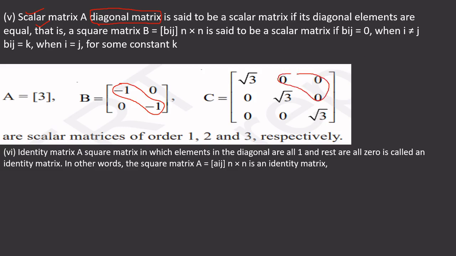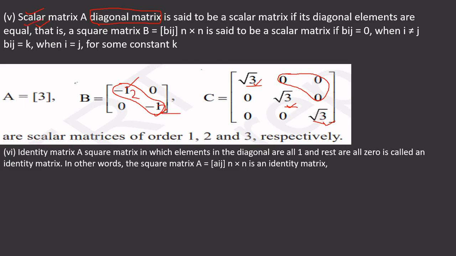But the difference is that in a diagonal matrix there can be anything on the diagonal, whereas in a scalar matrix the same element is present throughout. Like if one element is root 3, the other two must be root 3. Then we can call the diagonal matrix a scalar matrix. Like minus 1 and minus 1; if there is a 2, then the second number must be 2. This type of matrix is called a scalar matrix.